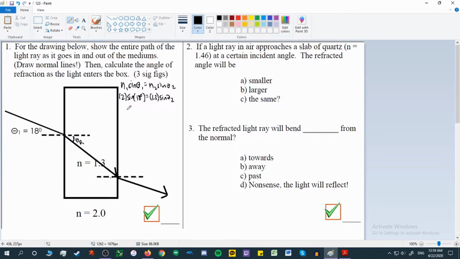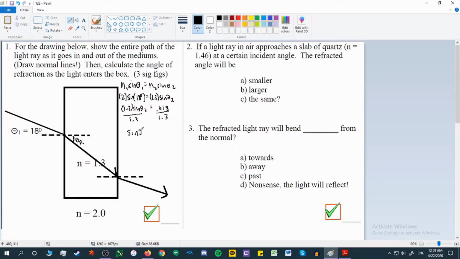Now, I don't like having my variables on my right side, as you know, so I'm going to switch it over to the left side again. So we have 1.3 times the sine of theta 2 is equal to, this actually ends up being 0.618, 2 times the sine of 18 degrees. So we have that. I'm going to divide both sides by 1.3.